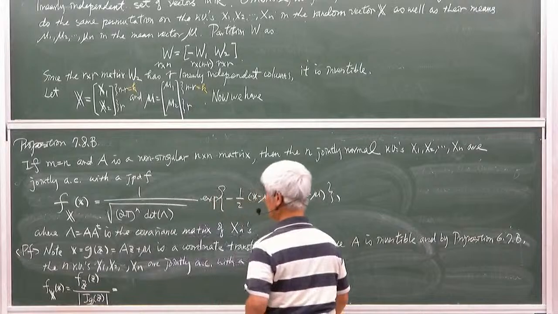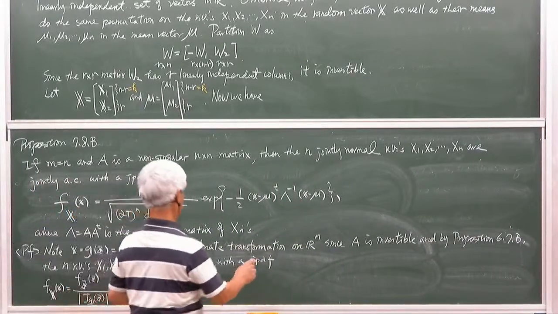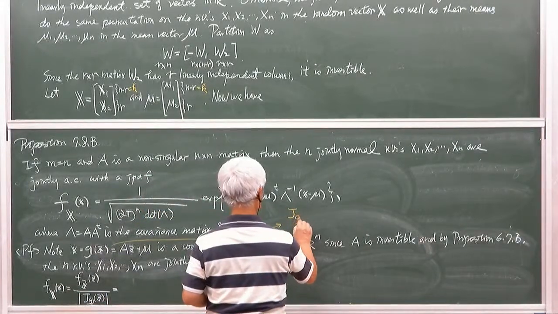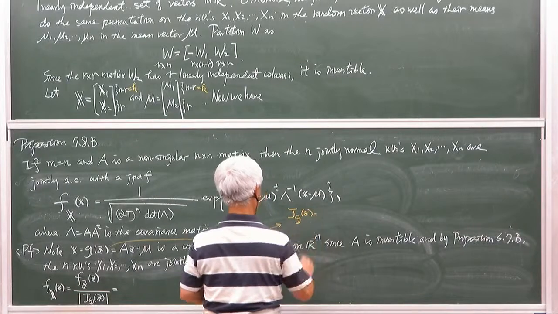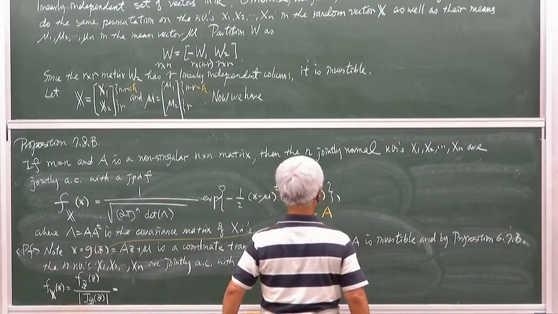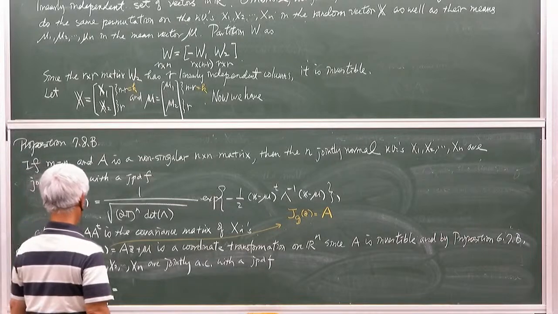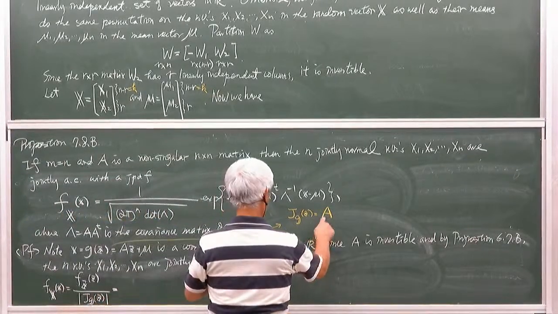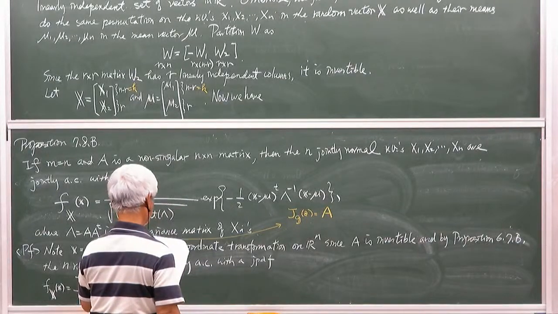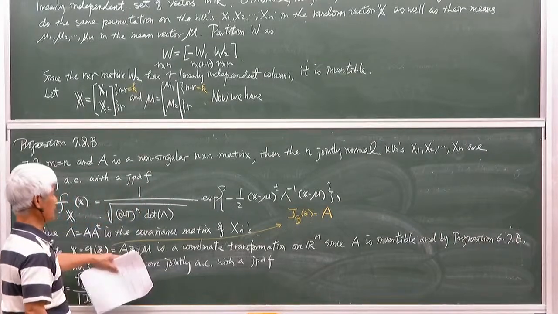Now the Jacobian of the G matrix, so note that the Jacobian is actually a constant matrix, because this is an affine transformation.